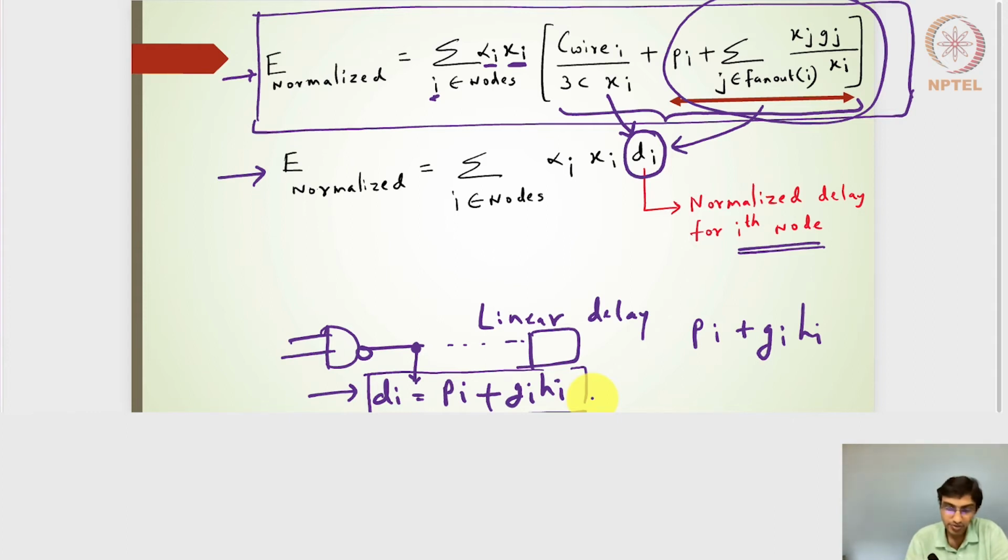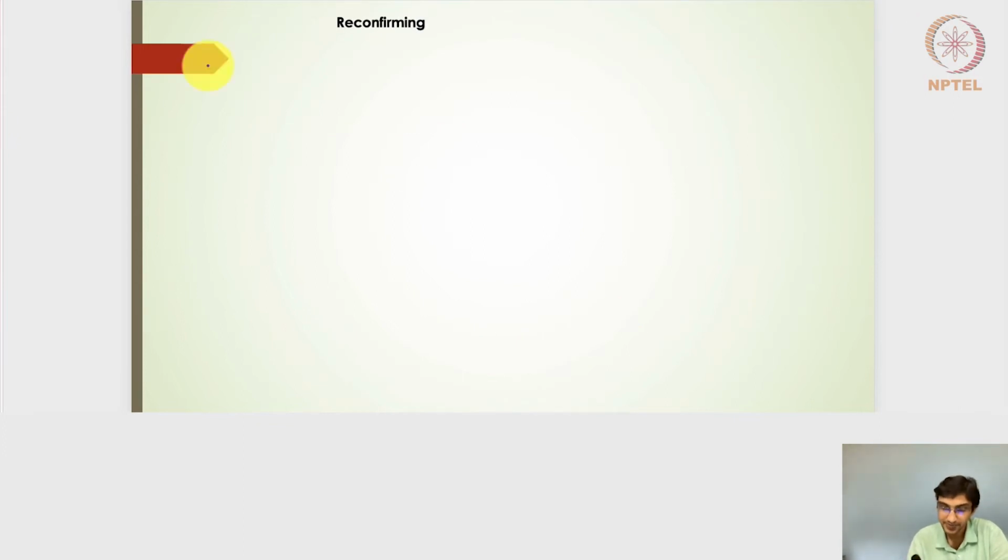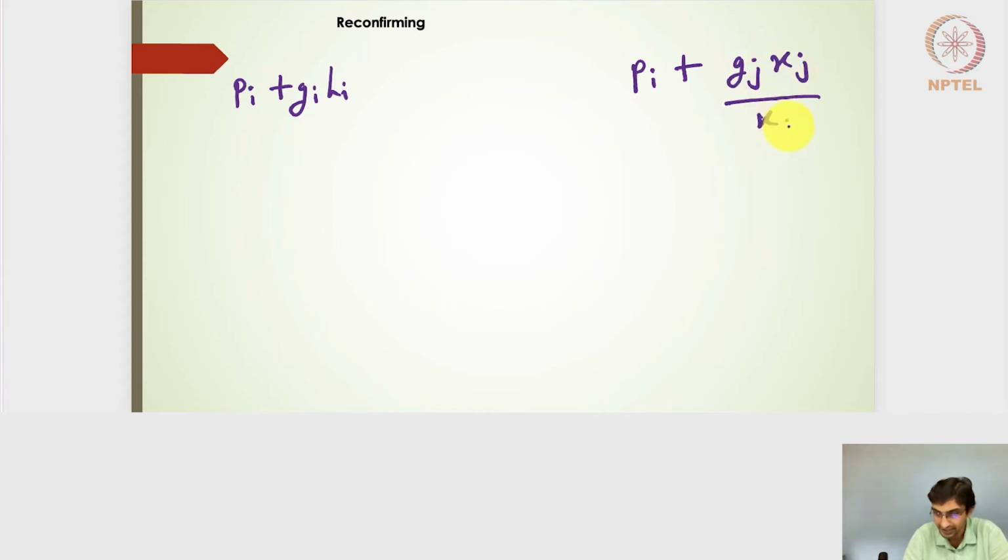So let's rewrite both the expressions. One says it is pi plus gi hi. Another says it is pi plus the summation of gj xj, the driving factor, divided by xi.